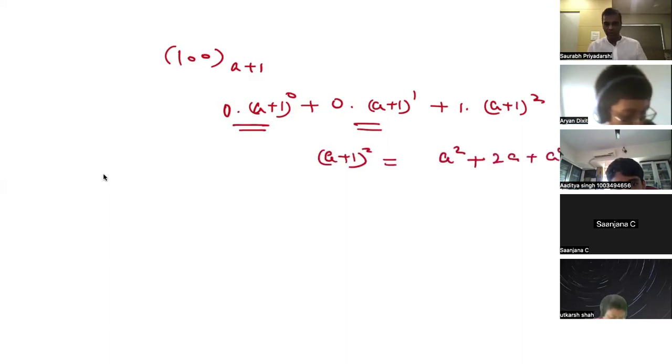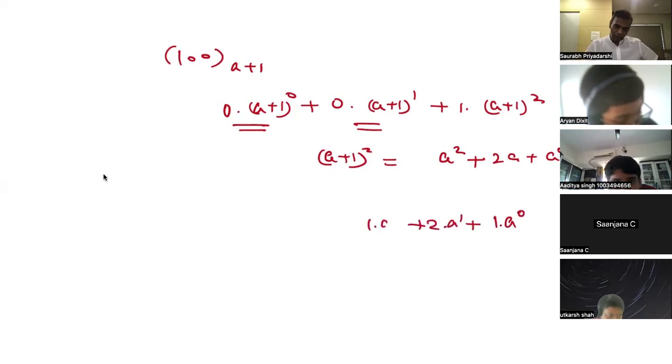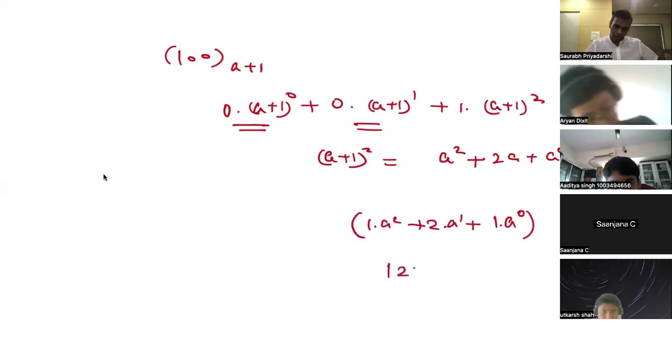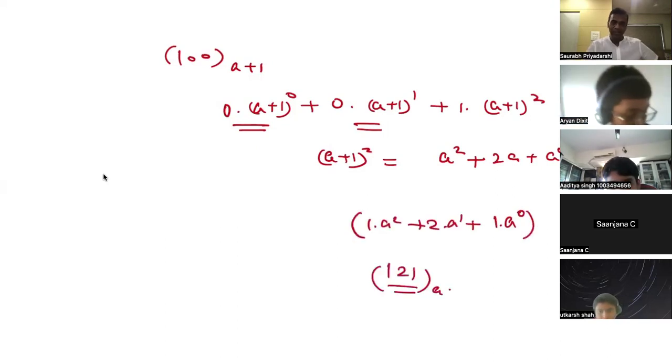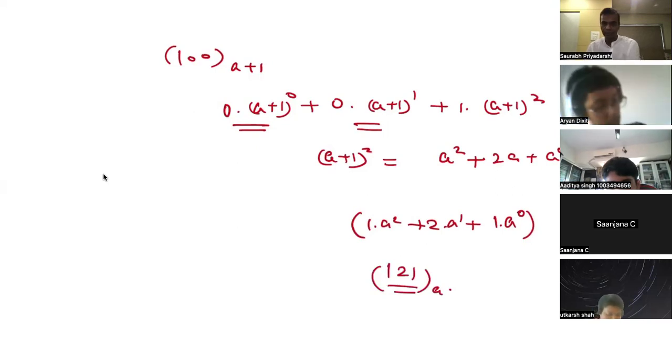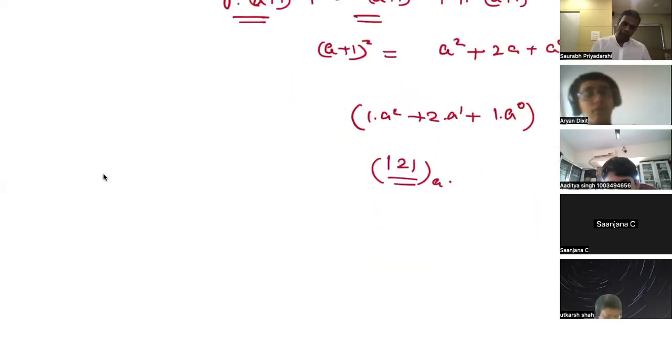I'm writing a to the power 0, so exactly the number is a to the power 0 into 1, 2 into a to the power 1, 1 into a square. So this is 121 with a base a. Okay, Sanjana, is this okay? Yes, sir. Understood, right? What if I'm giving you 1101 with a base a plus 2? What can we write this as in base a?